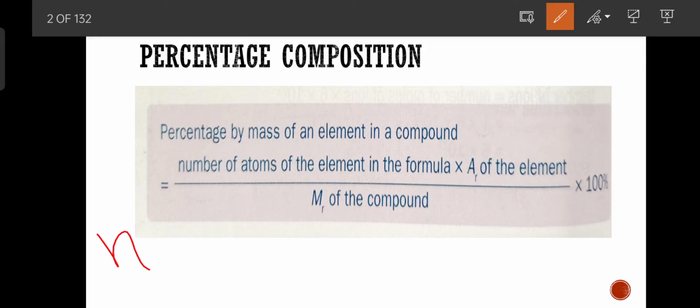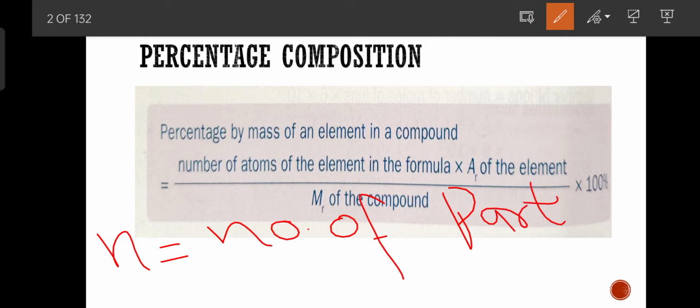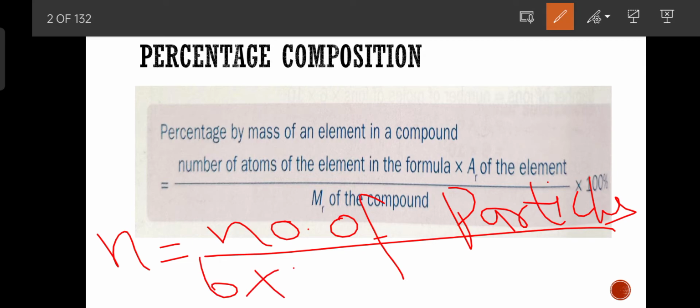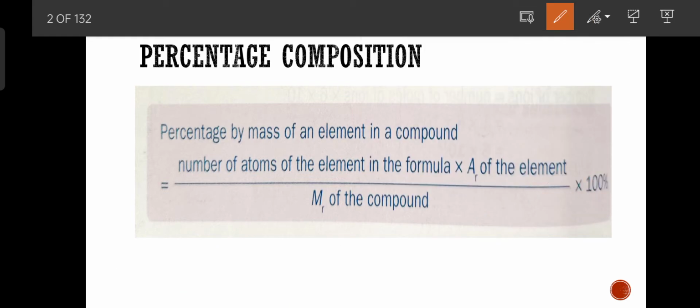The number of moles, n, is the number of particles, be it atoms or molecules, divided by 6 multiplied by 10 raised to power 23, that is Avogadro's number. This is Avogadro's constant. Okay? So there are two ways you can find the number of moles, by using the number of particles, and by using the given mass and molar mass.